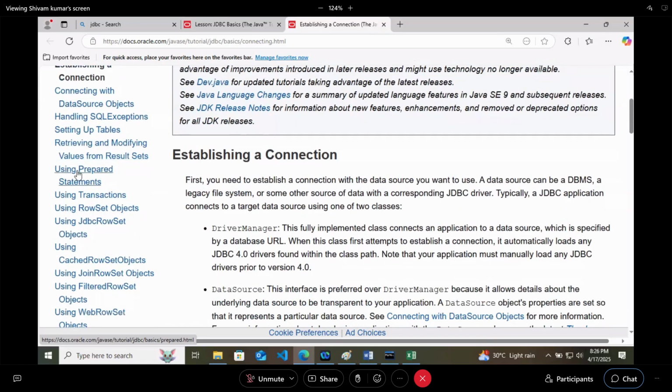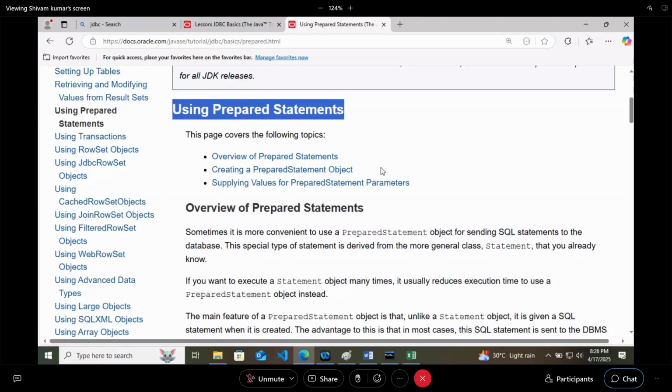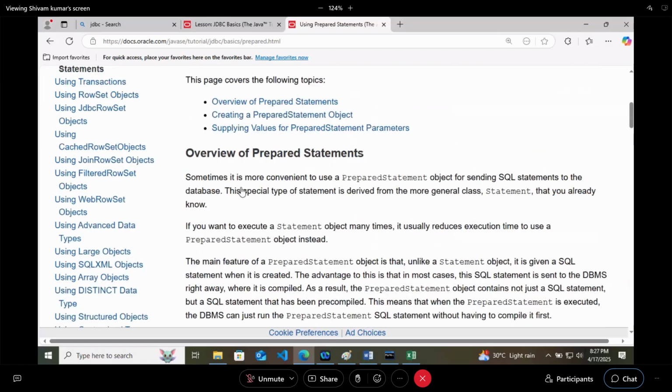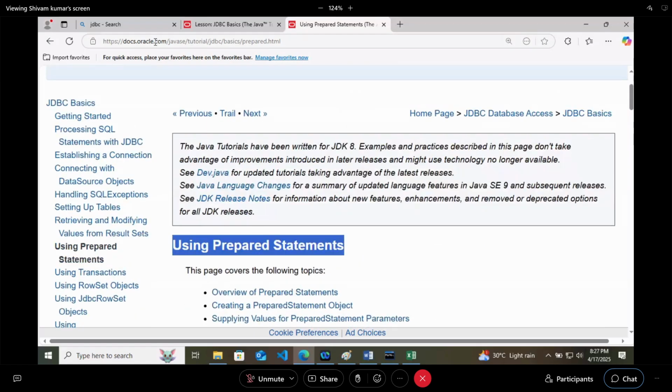Using prepared statement: if you want to see how to use prepared statement, this is how we will use it. This is the code for this. What else do you need now? Everything is on the official website. No one can teach better than them. But there you should have a reading habit and a Googling habit.